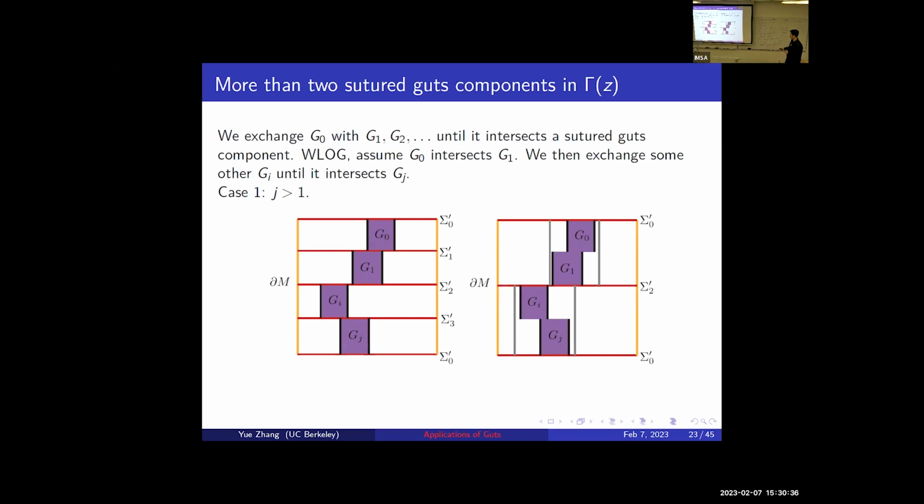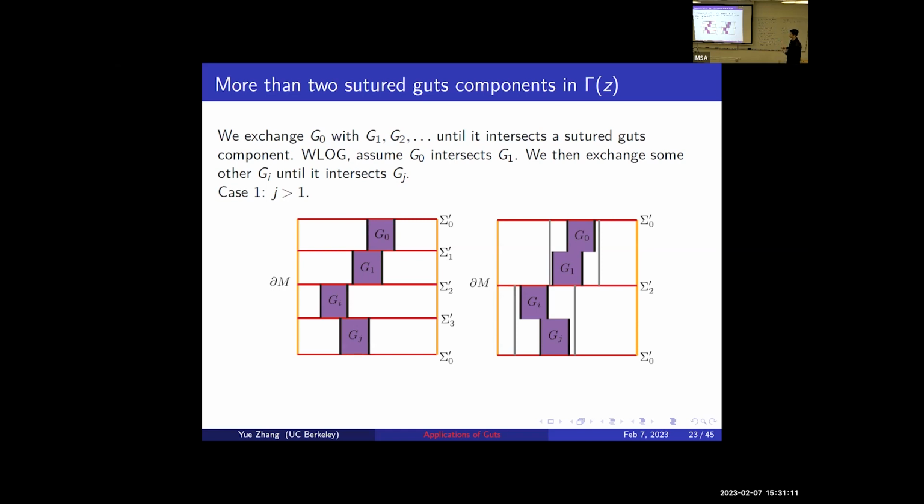then you can remove this middle surface and this middle surface. So you just consider sigma 0, sigma 2 prime. In this case, this only has 4 guts, but you can also think about more guts components. If you only have 4 guts components, then you just take sigma 0 prime and sigma 2 prime. And so G0, G1 together will become a more complex guts, right?